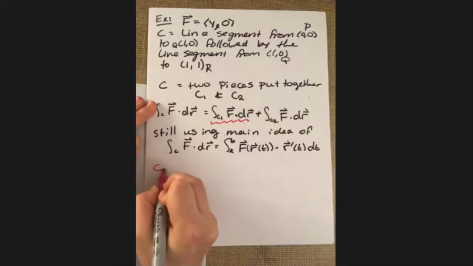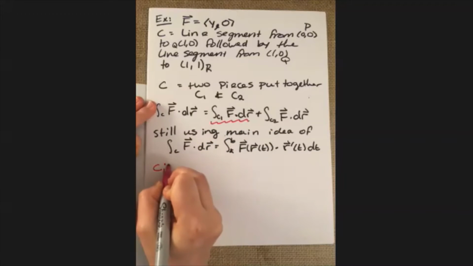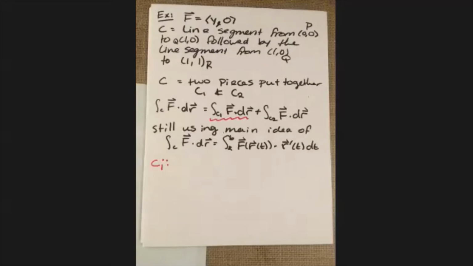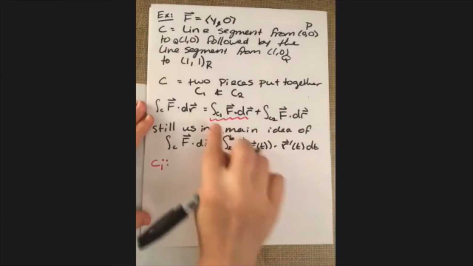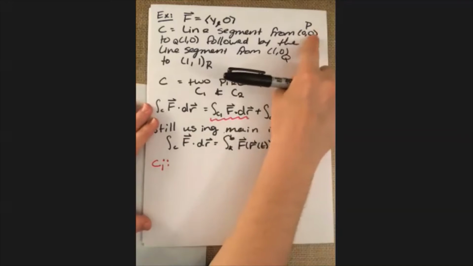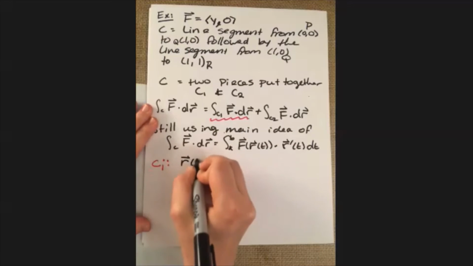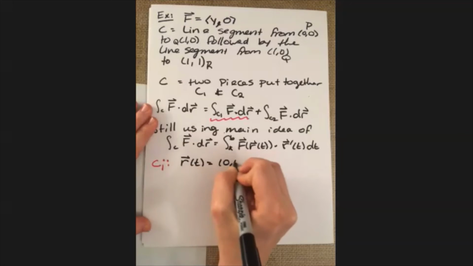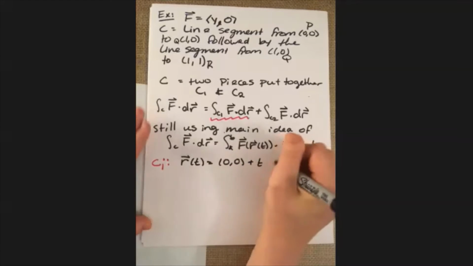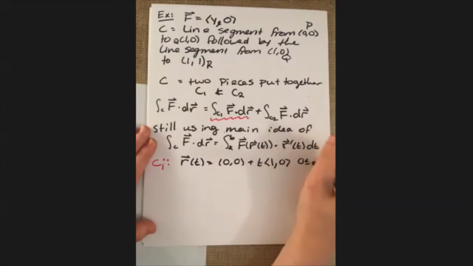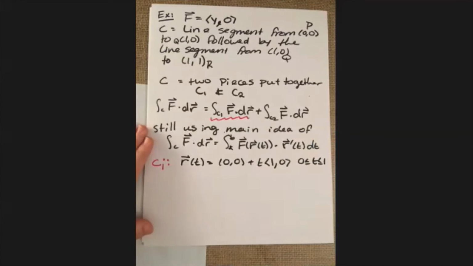C1. In this particular instance, we're going from 0, 0 to 1, 0. So r of t is equal to 0, 0 plus t times 1, 0, where t is between 0 and 1.